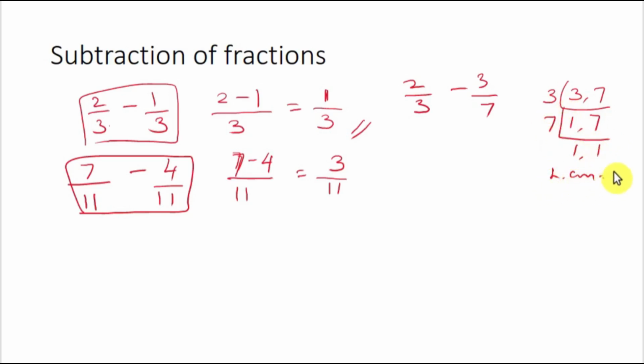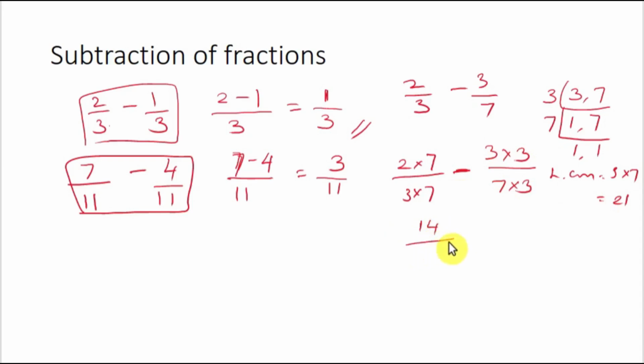So LCM equal to 3 into 7, 21 is the LCM. We have to convert the denominators also into 21. So 3 7 times, 2 also we have to multiply by 7. 7 how many times? 7 into 3. So 3 into 3. So 14 by 21 minus 9 by 21.